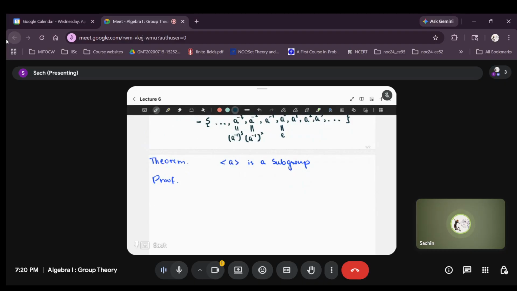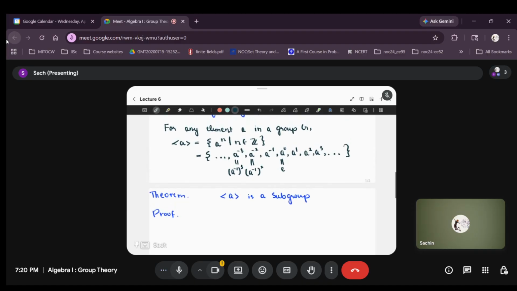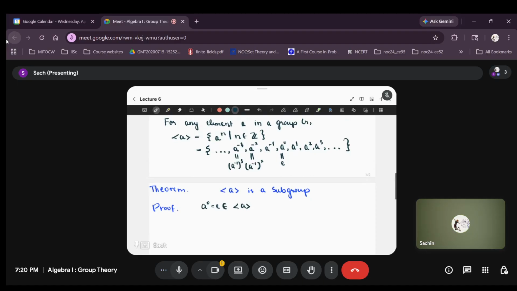First, we have to show it is non-empty. A power 0 equals E belongs to this set.